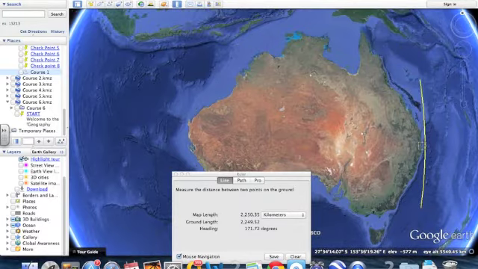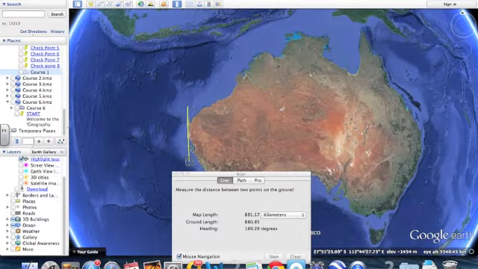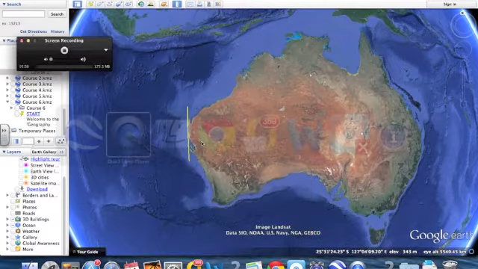You can see that we sit at around 153 degrees east on our eastern coastline, and on the other side, if we do the same thing, you can see that we sit at around 113 degrees east of the prime meridian. So they are the latitudinal and longitudinal boundaries for Australia.